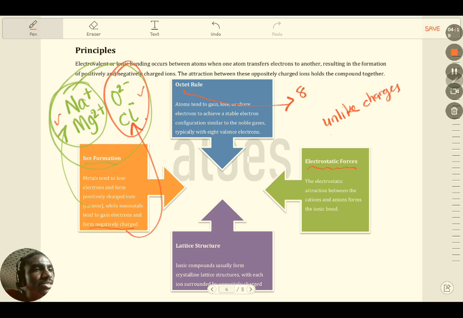Unlike charges attract. Sorry, that was a mistake. Unlike charges attract. That is, if I have a positively charged ion and a negatively charged ion, they come towards each other.